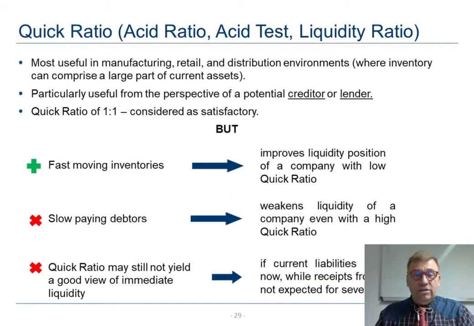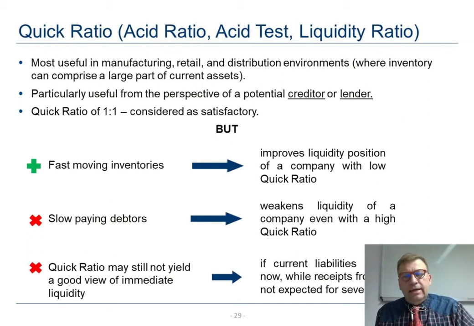But what is a good number for quick ratio? Again, we have to find a good number because it's a very good test in all kinds of manufacturing, retail, any businesses where inventories could be largely important, because if not, then the current ratio would be okay.